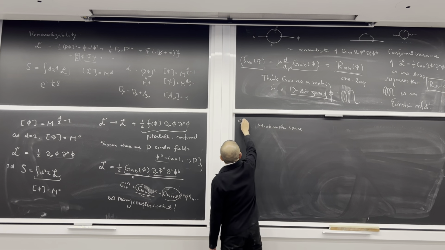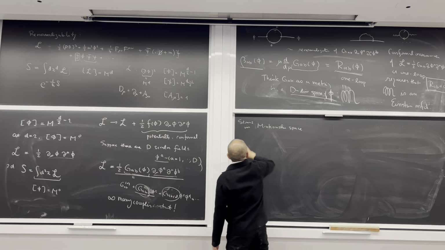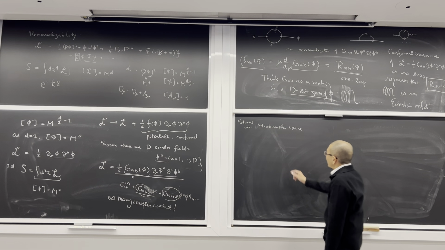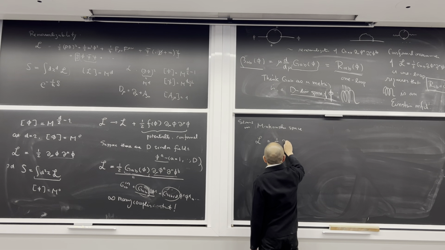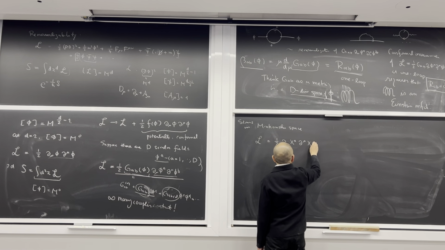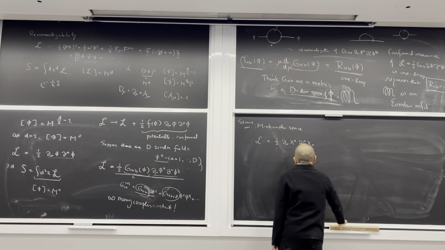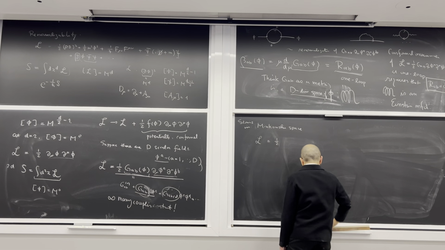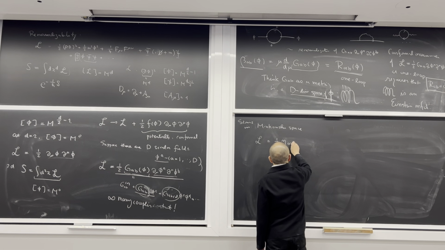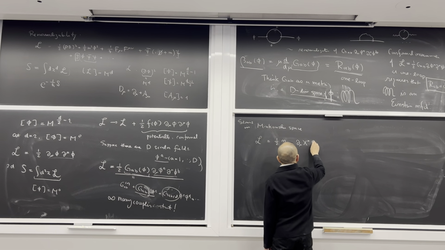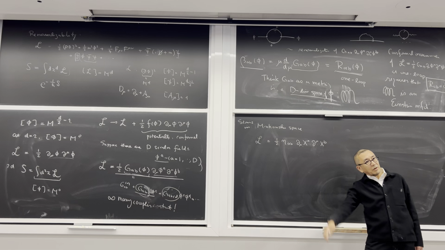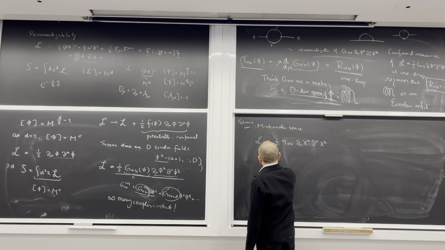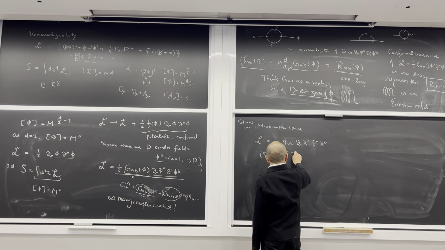So, string in Minkowski space. In that case, for the bosonic string, the Lagrangian is just 1/2 of del_mu X^a del^mu X_a, or maybe I should write, for later purposes, eta_ab del_mu X^a del^mu X^b, where mu goes from 0 to 1, the worldsheet coordinates, and eta is the Minkowski metric.